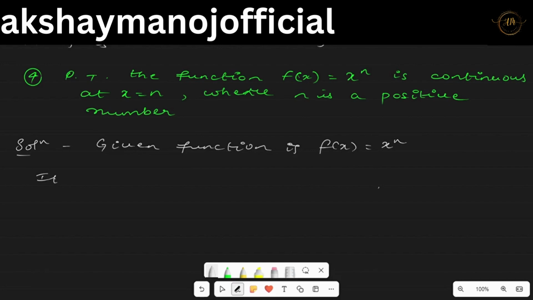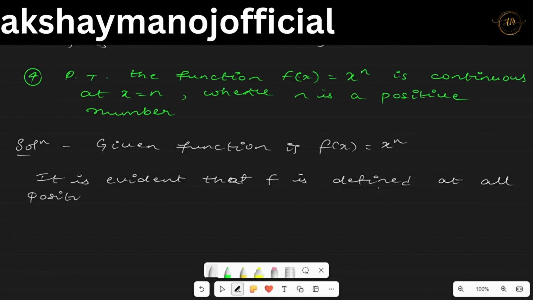So it is evident that f is defined at all positive integers.